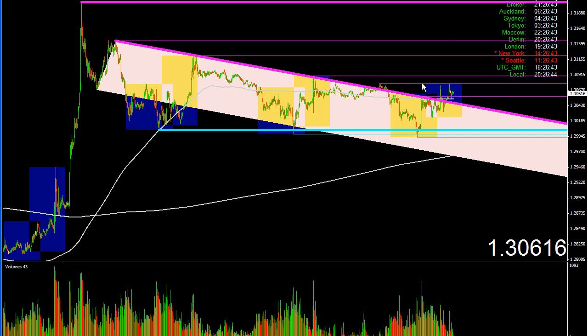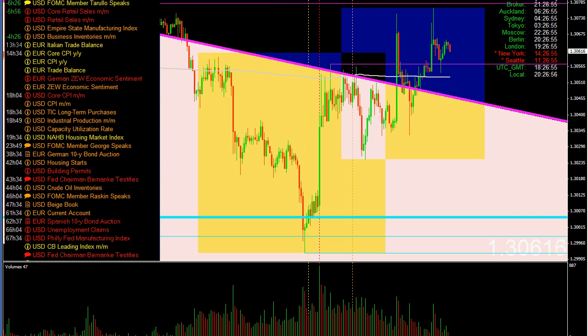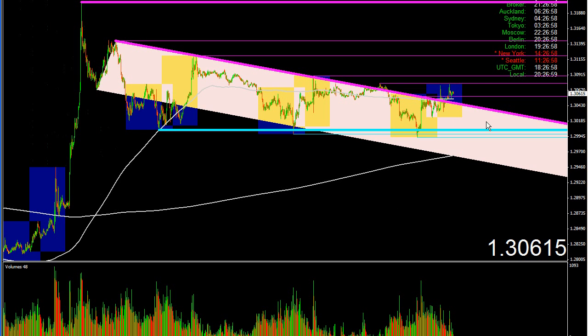Asia session highs were at 1.3077, so 16 pips above. The most interesting fact, in my opinion, is the following. Look at this here. Tomorrow's data came out at this price level. Let's zoom a little bit.